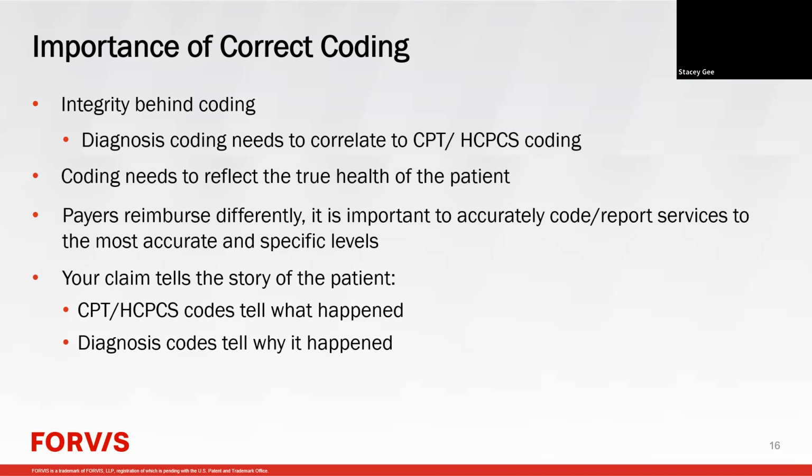So the diagnosis code has to be tied to all of the services or the procedures that you are performing and are providing. There has to be a link there. So keeping that in mind as you make your selections for your diagnosis codes, as well as your E&M levels, just making sure that they tie together. That's the main thing. And making sure that we're telling that payer truly the severity or the acuity of that patient while they're there and they're receiving the services.